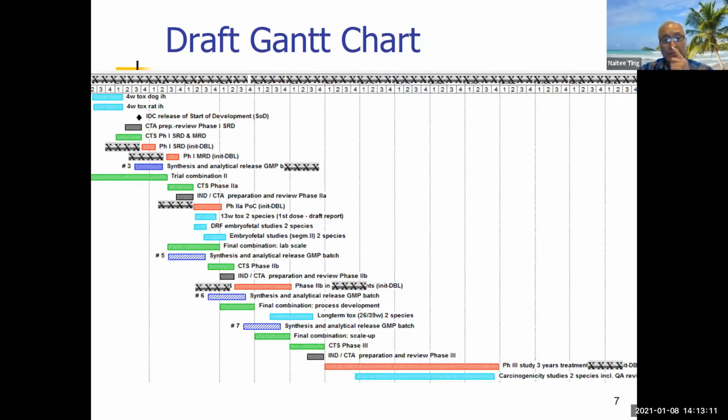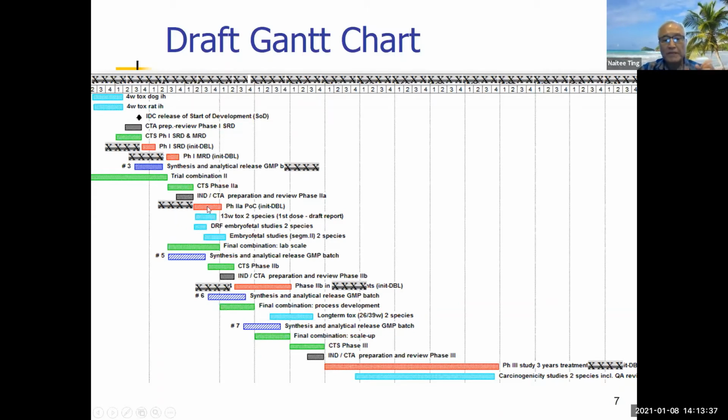This time you expose the subjects to multiple doses, more than once, but the same strength, very low dose. Now it's still safe. Then you escalate to a higher dose with a different cohort of subjects, and then you keep escalating. So these are the phase 1 SRD and MRD, single rising dose and multiple rising dose.